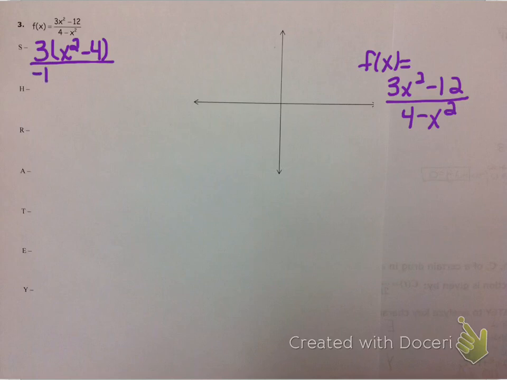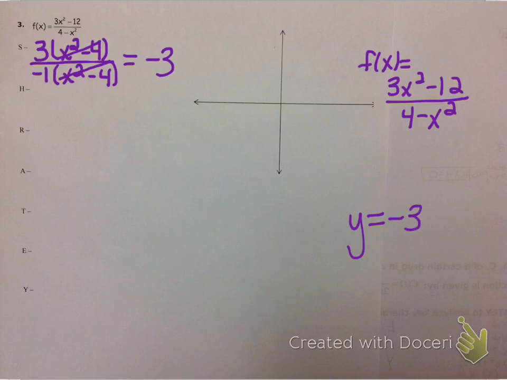So I pull out a -1, and when I pull out a -1, it changes the sign on everything. So the x squared becomes positive, and the 4 becomes a minus. And so that means that the entire equation simplifies and reduces and becomes -3. That's it. That's your entire equation. So your equation is y equals -3.